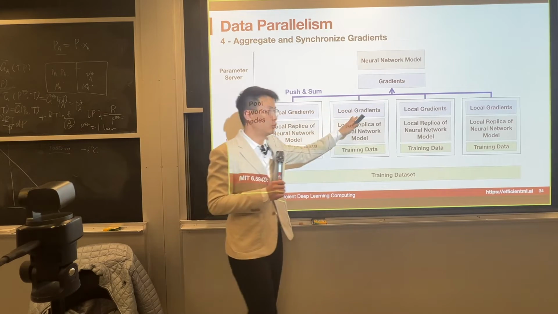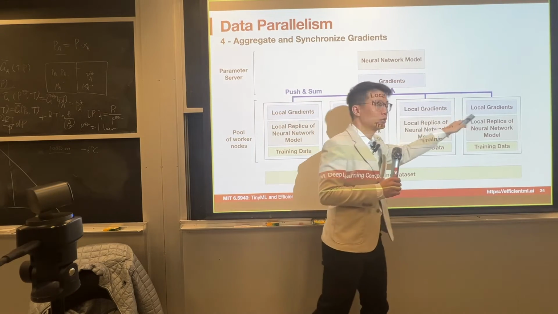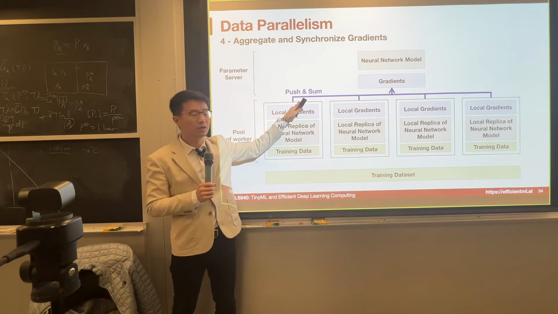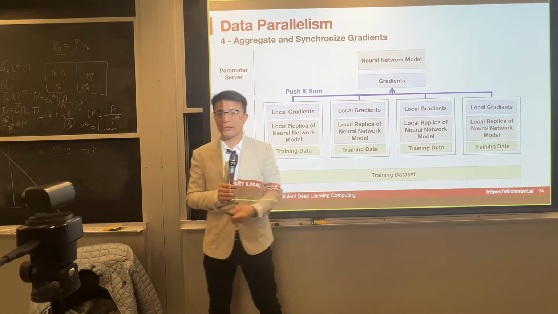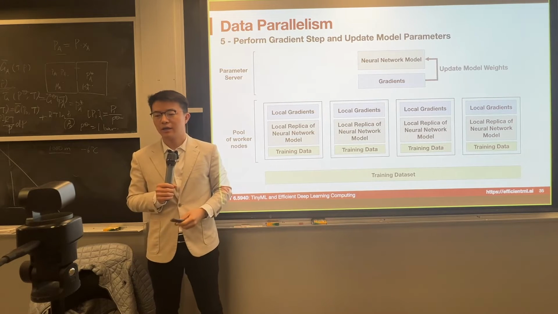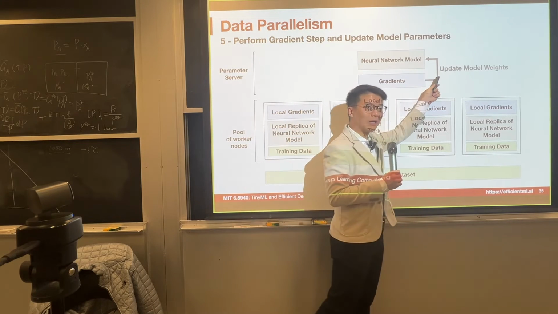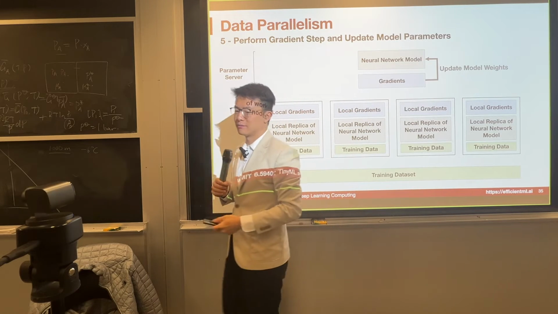Then the different workers push their local gradients to the parameter server, which sums them up to get the sum of all the gradients. The parameter server uses the sum of the gradients to update the model weights.